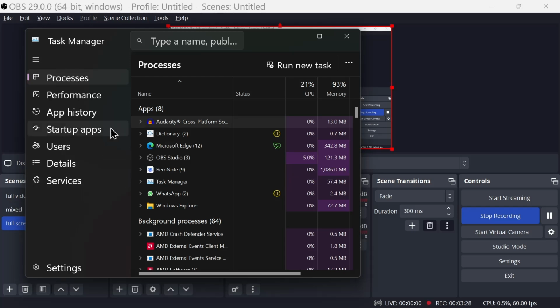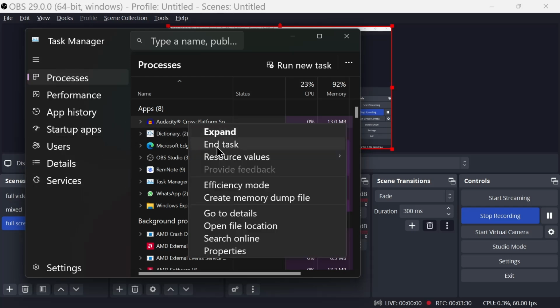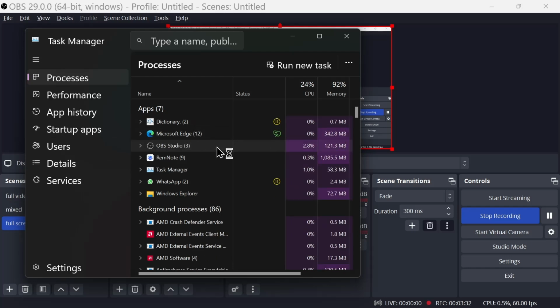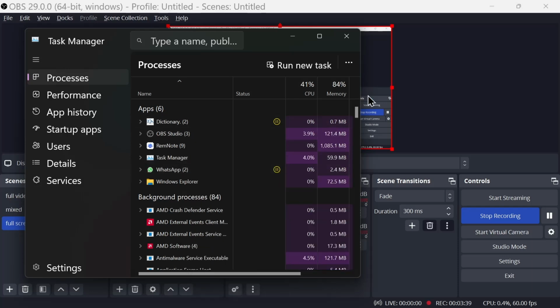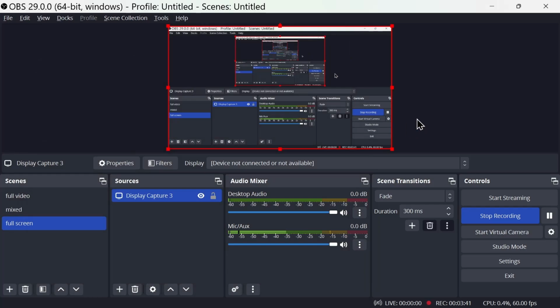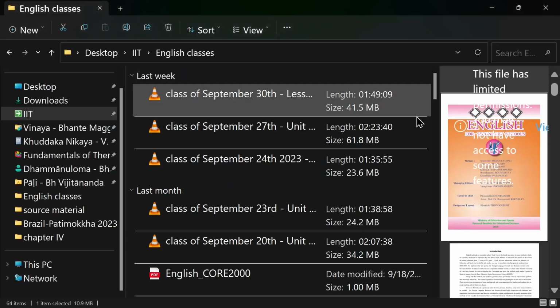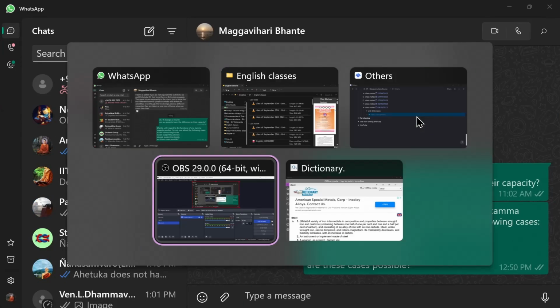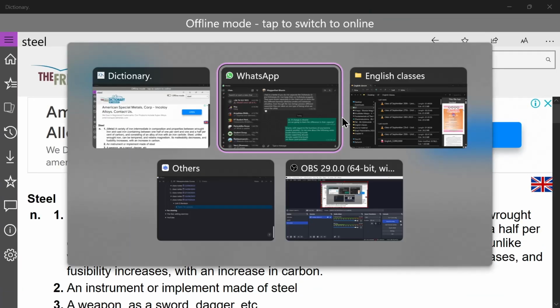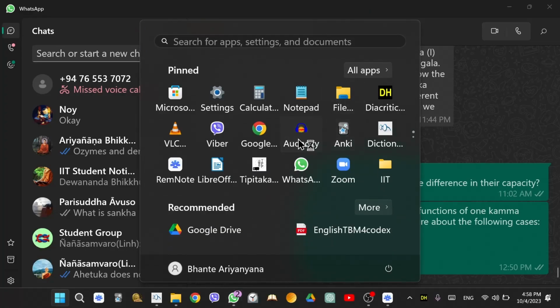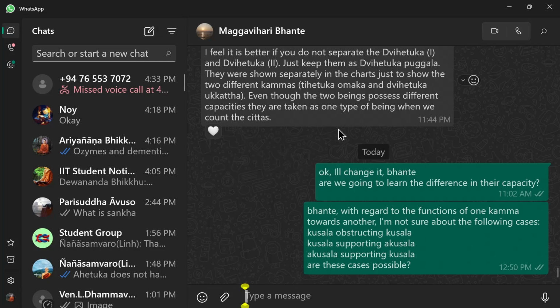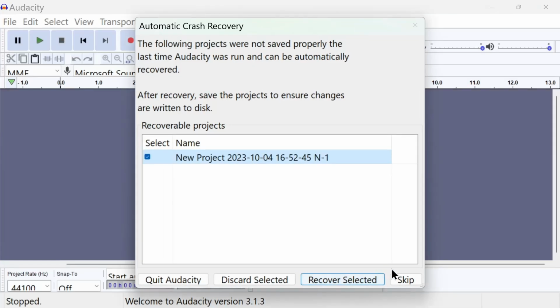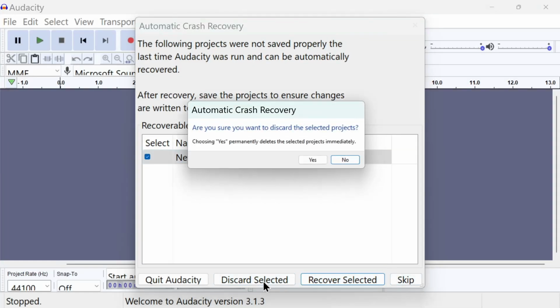How do I end this task? End task, Microsoft Edge. Okay, let's try one more time. Let's go.